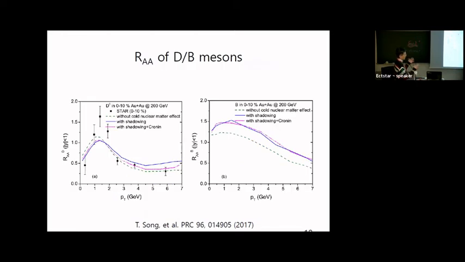And collecting all nuclear matter effects, we can obtain the final results, and we can compare with experimental data. This is RAA of D meson, including and excluding cold nuclear matter effects. And we can see good agreement with experimental data. And the right figure is RAA of B meson.